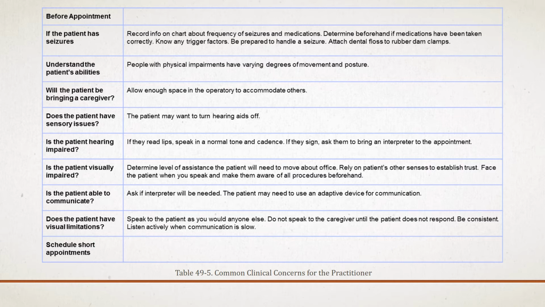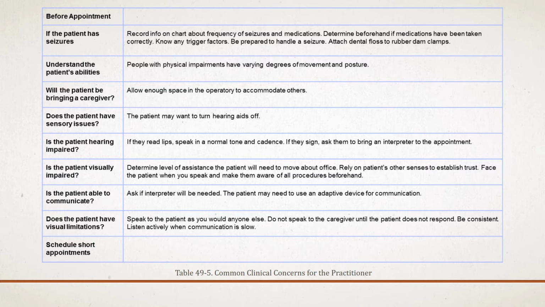Ask if an interpreter will be needed. The patient may need to use an adaptive device, such as a board with letters on it, or some other device, which is probably more likely to be computer generated now. They may need to use that to help them. Does the patient have visual limitations?